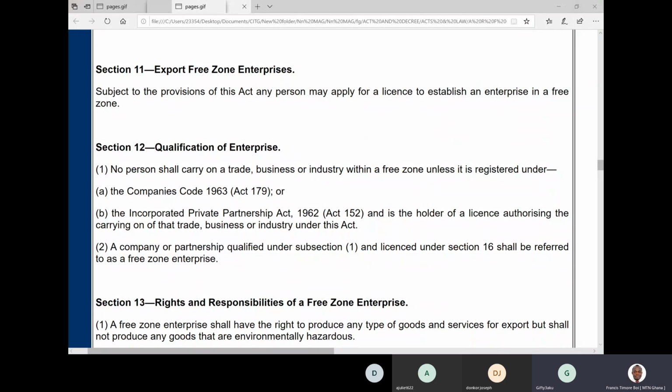Francis, is it still in existence? Oh yeah, as for the Partnership Act, it is still there. Okay. Or you wanted us to amend it? Because if you've amended the 1963 Companies Act, the Partnership Act should be amended. The partnership is not a big thing.